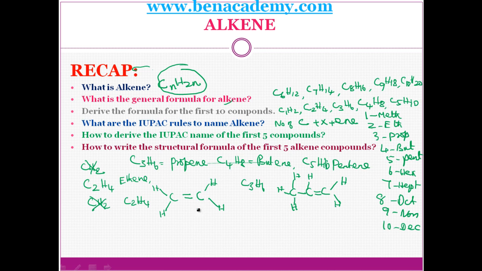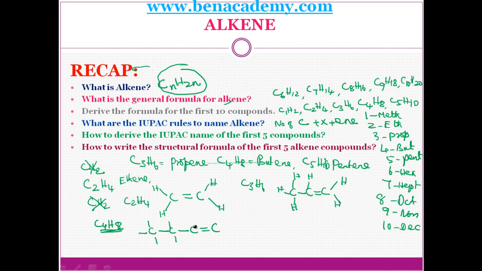Now what is the structural formula of C4H8? Exactly 2 times the carbons. So put 4 carbons, 1, 2, 3, 4. Put a double bond anywhere and in all other places put a single bond. Now count the number of bonds surrounding each carbon and make it 4. For this carbon only 1, so 3 more required. For this carbon 1 plus 1, 2, so 2 more required.